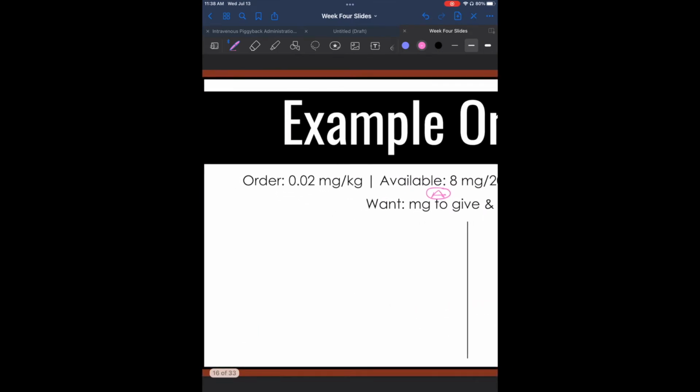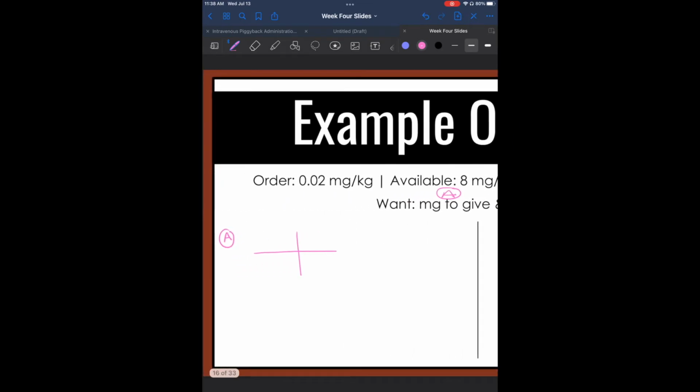So remember, with these, our child's weight goes first, so our kid weighs 43 pounds. Our weight is not in kilograms, so we're going to have to add in our 1 kilogram equals 2.2 pound conversion, and then we can go with our order.